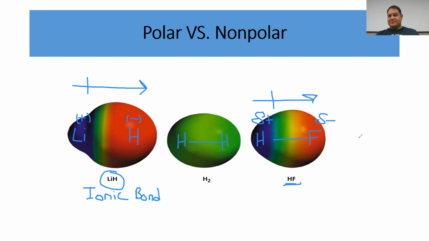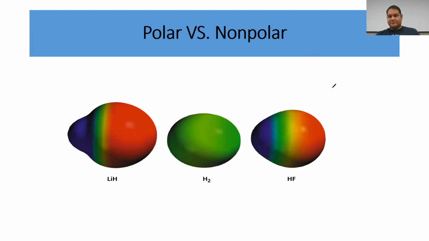Okay. Now, let's get into numbers, because that's what you're probably asking yourself. How big of a difference do we have to have in order to have an ionic bond versus a polar covalent bond? That's what we're going to look at right now.